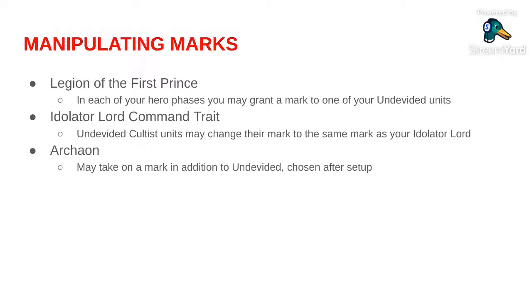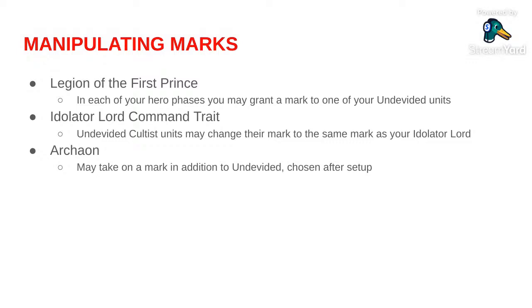The Idolater Lord lets you take your undivided cultist units and give them a different mark, and that mark just has to match your Idolater Lord, and that is your general, who has the Idolater Lord command trait. And then we have Archaon, who at the start of the game gets to choose an additional Chaos mark, and that is after setup.